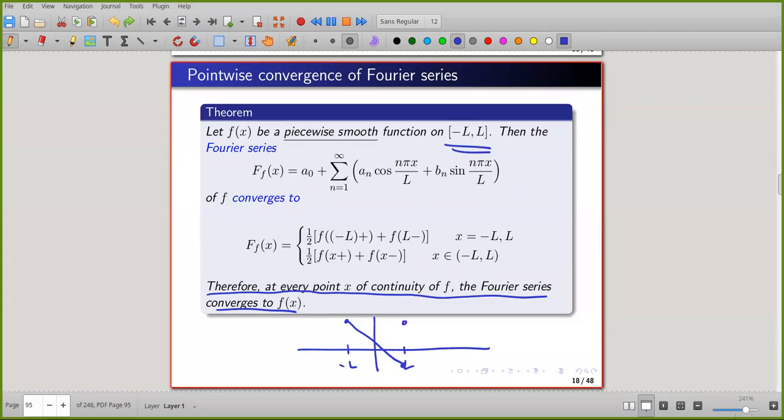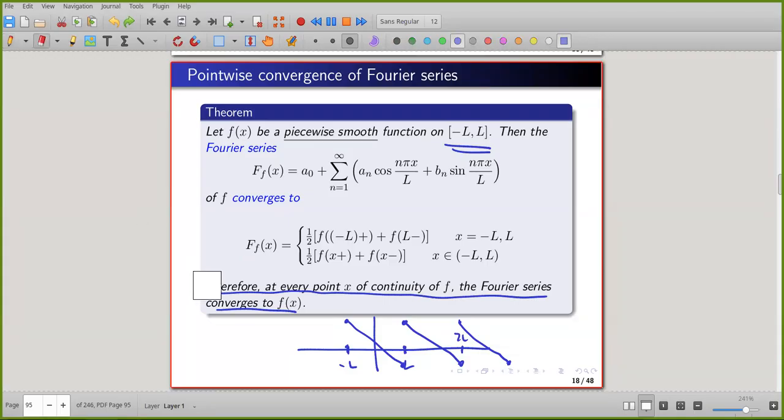Here what we are doing is extending small f periodically like this, and so on. And therefore when we extend it periodically, this L is not a point of continuity because there's a jump of 2L.